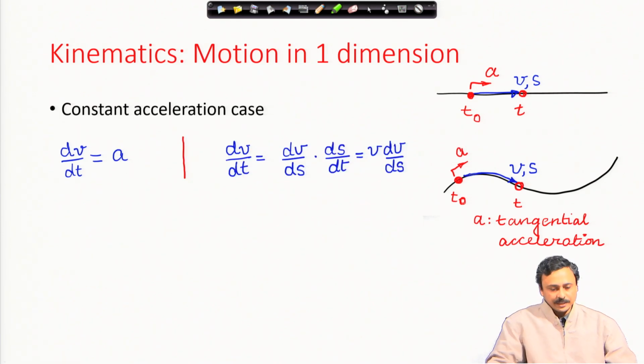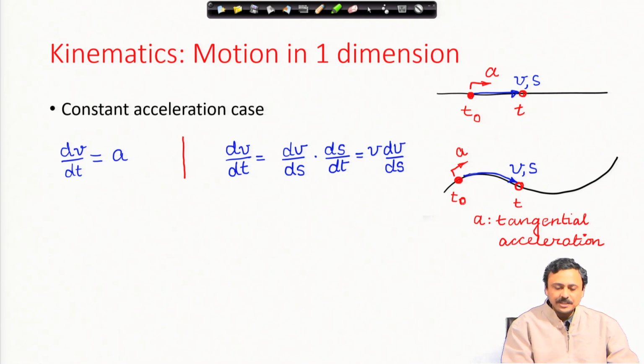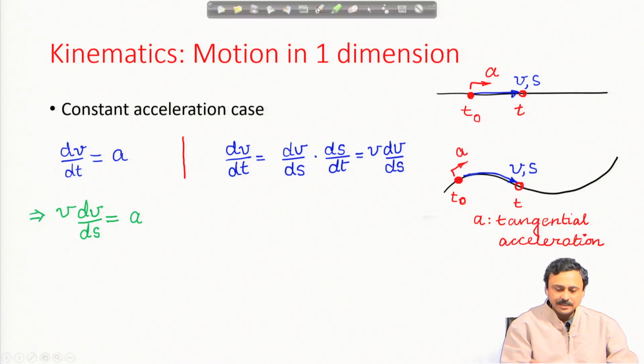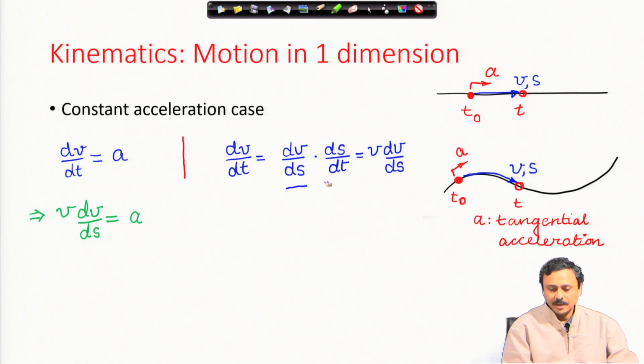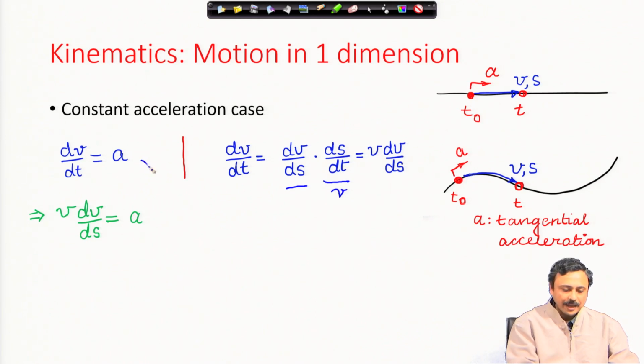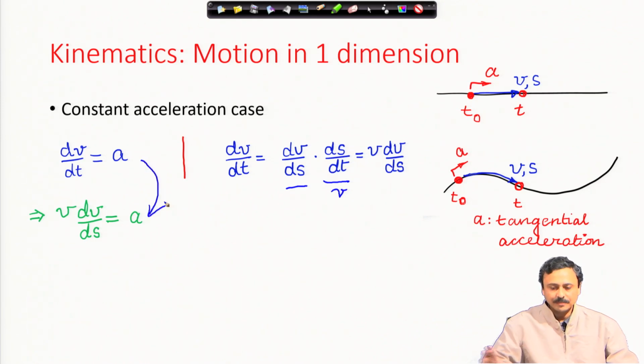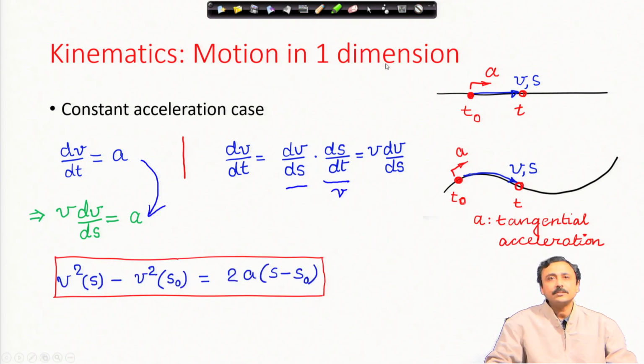In the constant acceleration case, let us proceed further. If we write dv/dt as dv/ds times ds/dt, you can see here that ds/dt is again v, therefore this becomes v dv/ds, and therefore our acceleration can be written as v dv/ds.